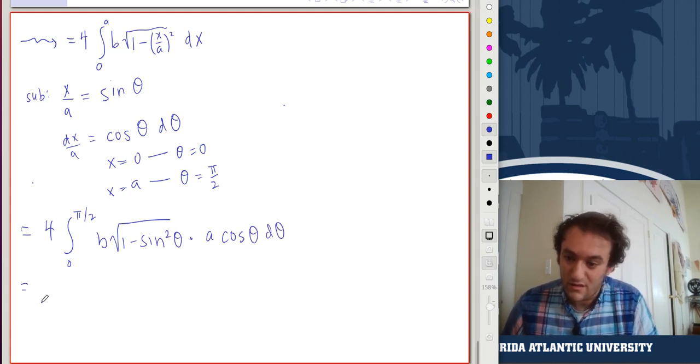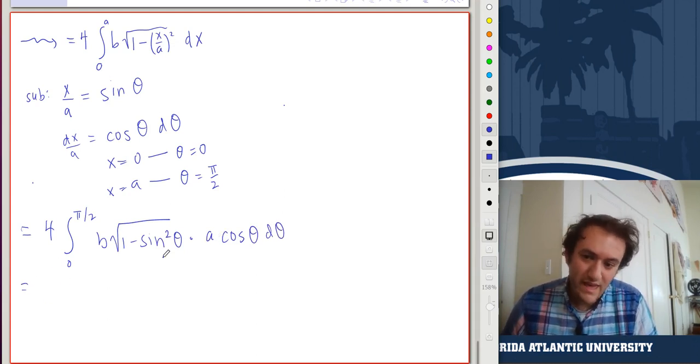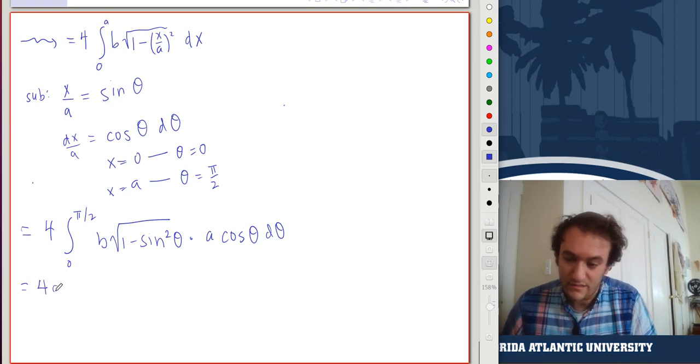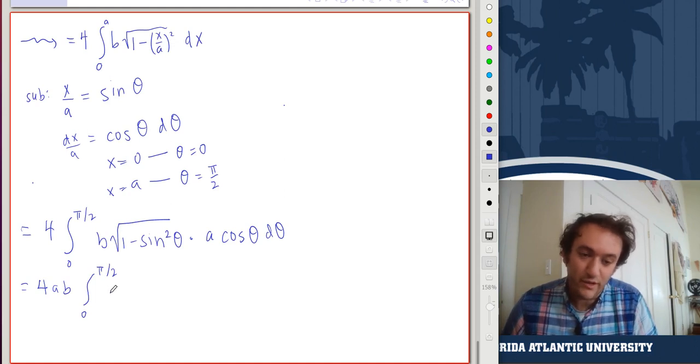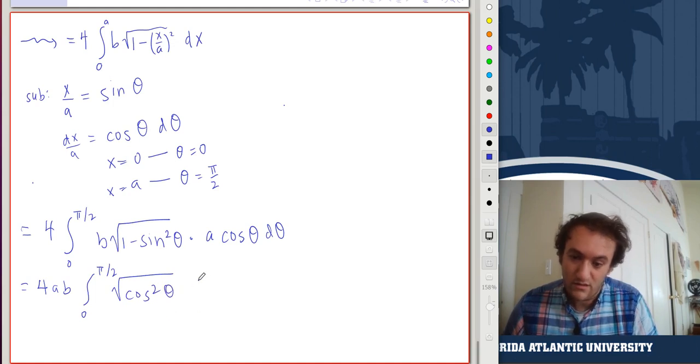Okay? So first thing we can do, a and b we know are constants, at least relative to x, so we can take them out. So we have 4ab times the integral from 0 to pi over 2 of the square root of 1 minus sine squared theta. Well, we know that's the square root of cosine squared theta. That's why we picked it. Times cosine theta d theta.